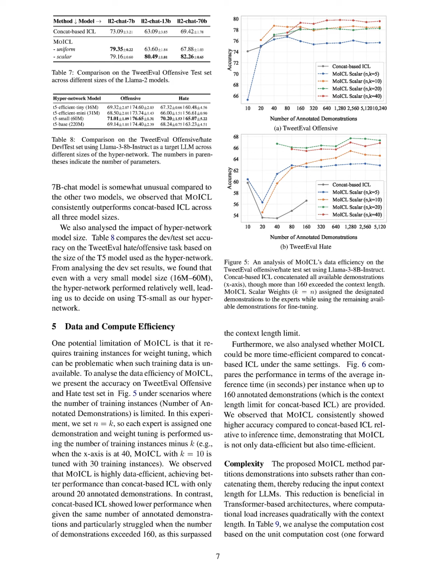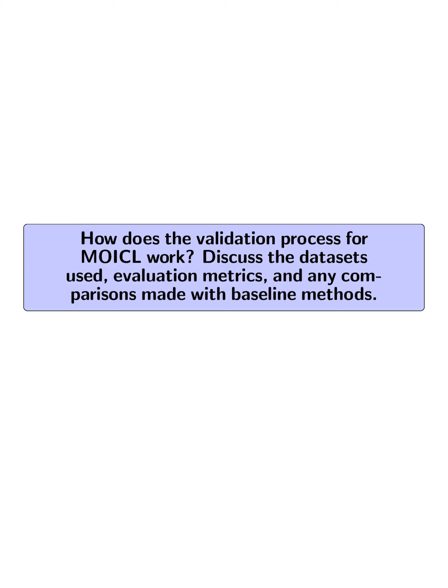Finally, MoICL is more data efficient, achieving better results with fewer annotated demonstrations compared to concat-based ICL, which struggles when the number of demonstrations exceeds the context length limit. How does the validation process for MoICL work?